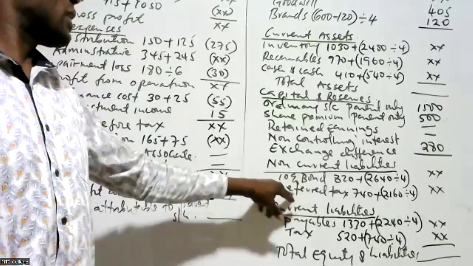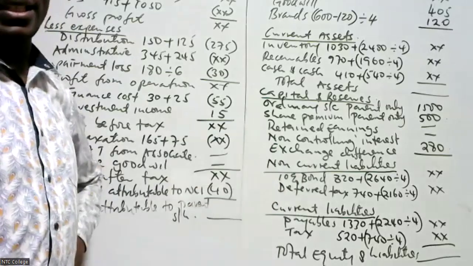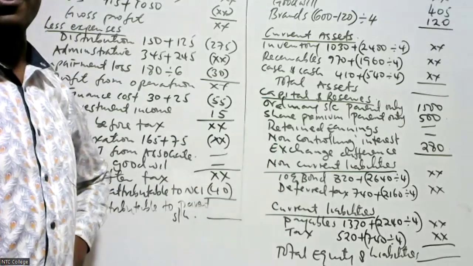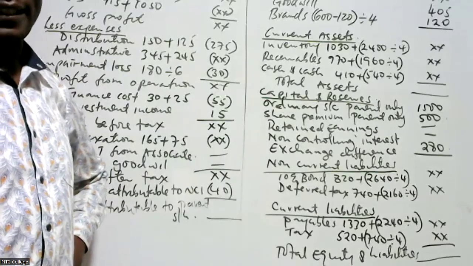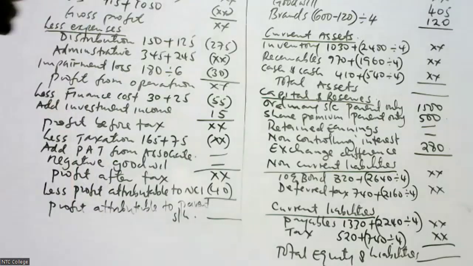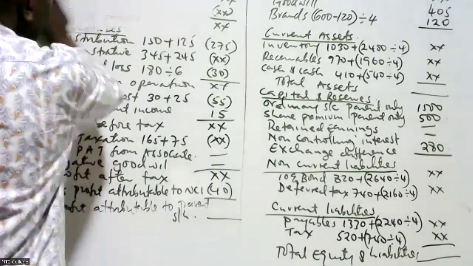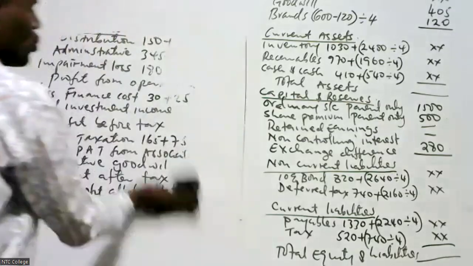But remember, we have not done NCI and retained earnings. Therefore, let's work out the NCI and retained earnings as usual.